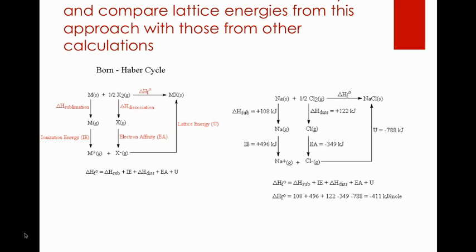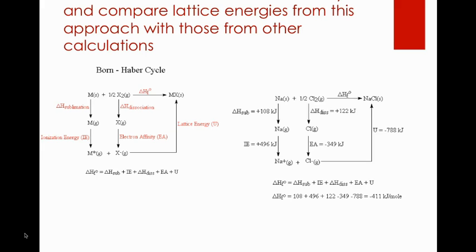And so if you look on the right-hand side, you'll see an example done for you for sodium mixing with chlorine gas to give NaCl as a solid. We're looking to find the lattice energy, and that lattice energy can be found by the formula.